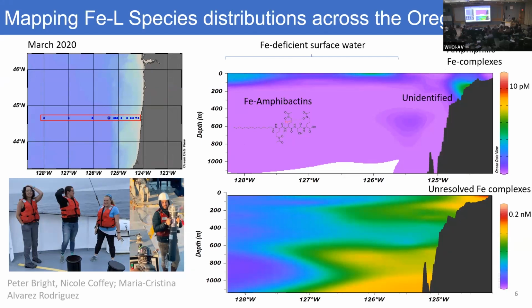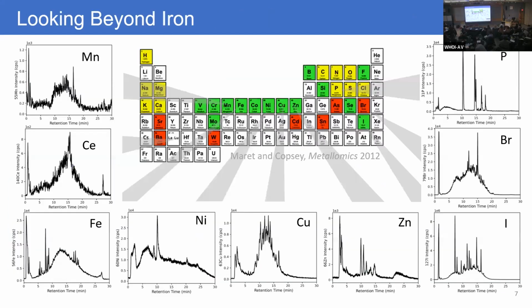One of these unidentified metal complexes we were able to see has its highest abundance in these benthic systems right near certain sediments. Again, this points to the fact that there are certain microbial processes that are likely generating soluble iron, and these might be important for liberating iron that ends up reaching overlying waters.